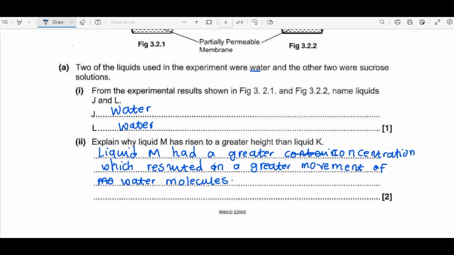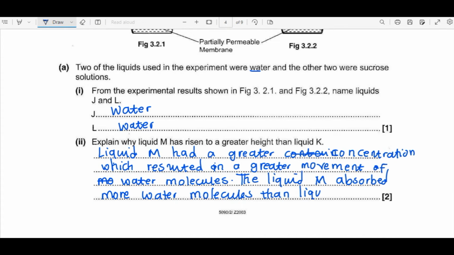So that is the reason why. We can say liquid M absorbed more water molecules than liquid K.